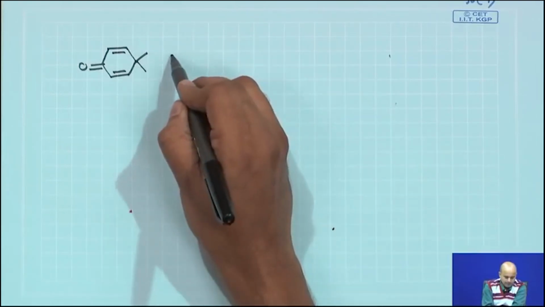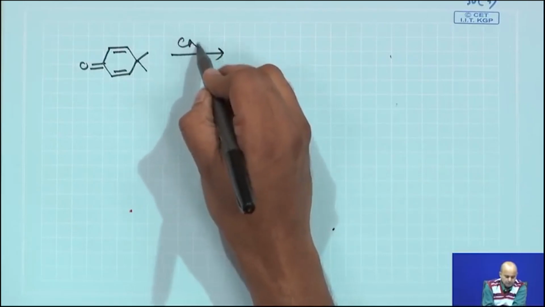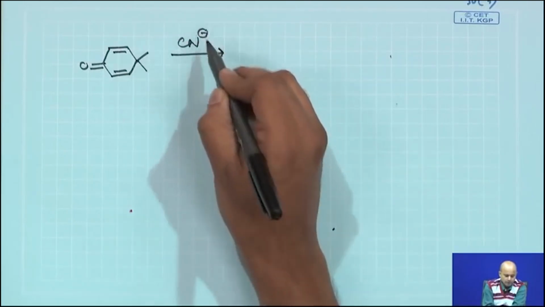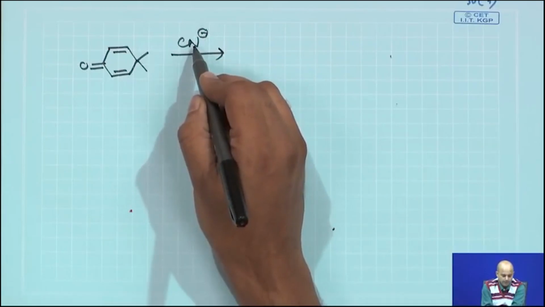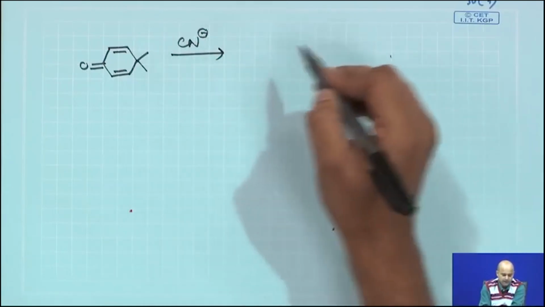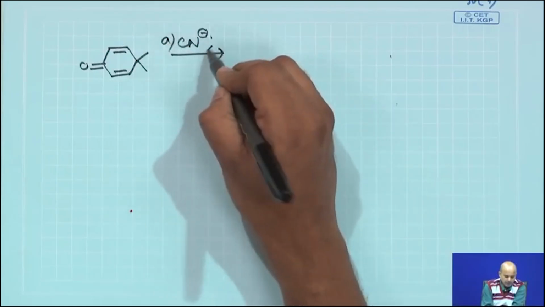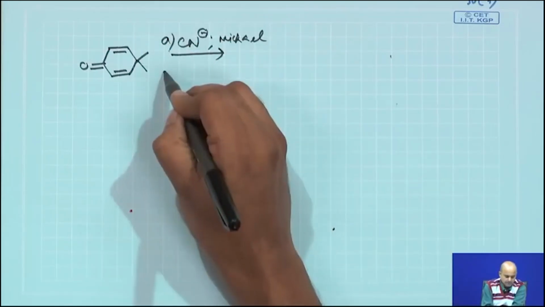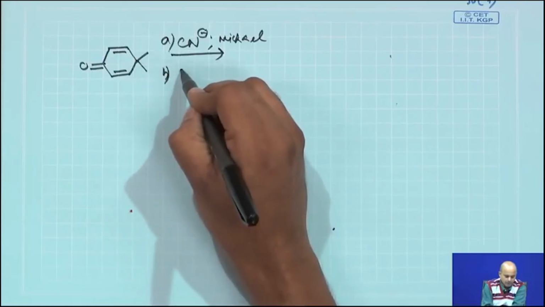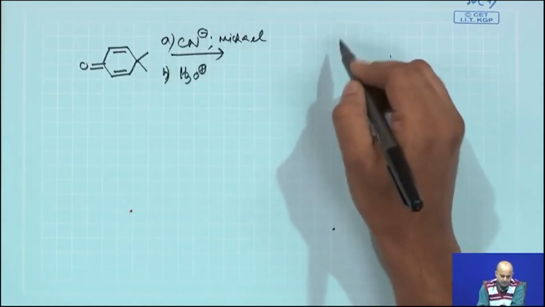Though we have not done the retro, if I do this forward synthesis, it will be quite clear. So, initially we need to do 2 rounds of Michael addition with this cyanide nucleophile. So, you do a double Michael reaction on this Michael acceptor, followed by a cyanide hydrolysis by acidic treatment.